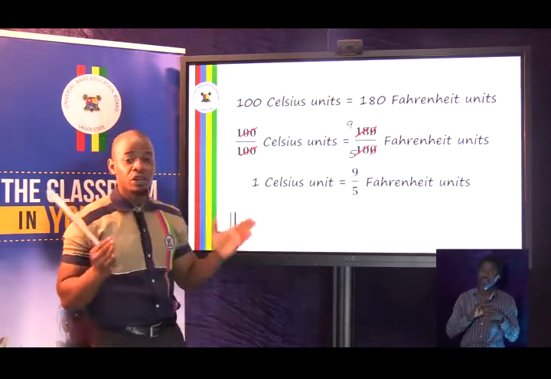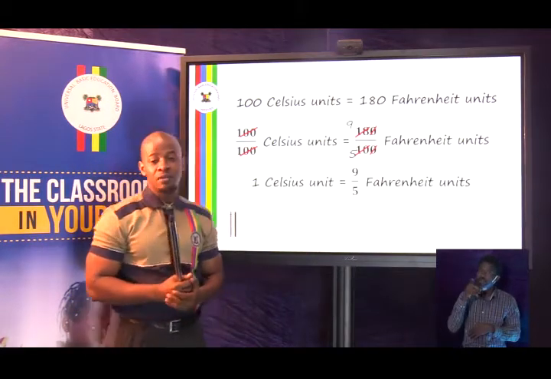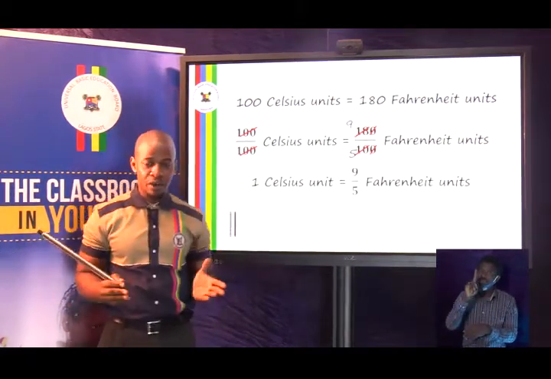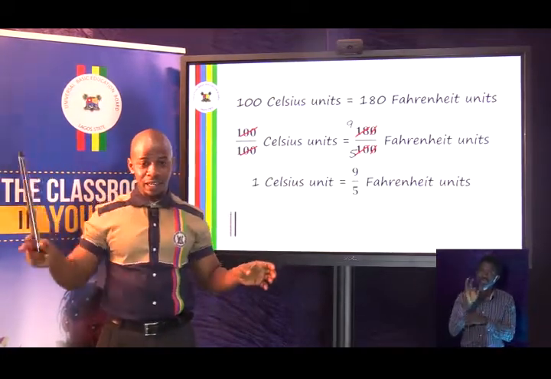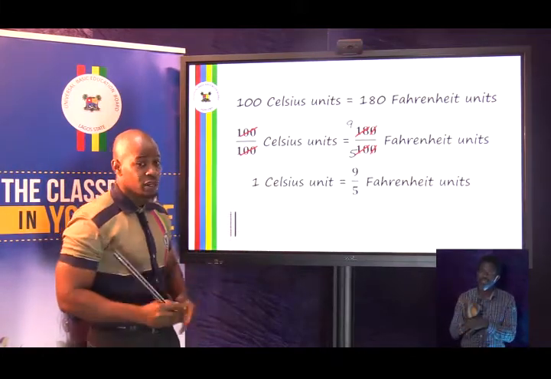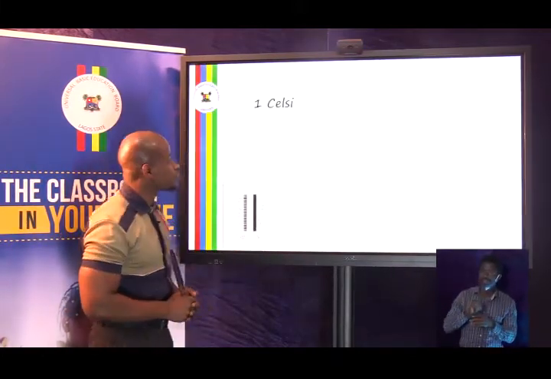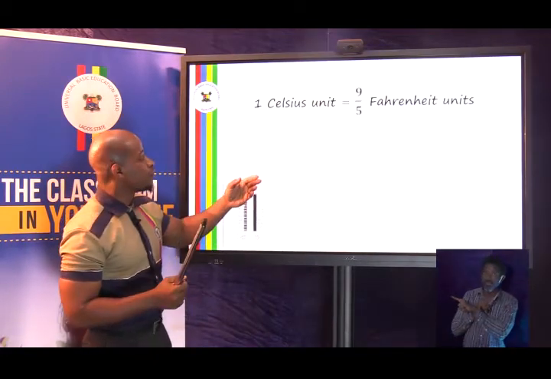And that is exactly the relationship. 1 Celsius unit is 9 over 5 Fahrenheit units. So if you forget, my friend, begin from the top. 100 Celsius units is the same thing as 180 Fahrenheit units. Then reduce them by yourself. You will not miss your way, my friend. So rewriting that, 1 Celsius unit is 9 over 5 Fahrenheit units.